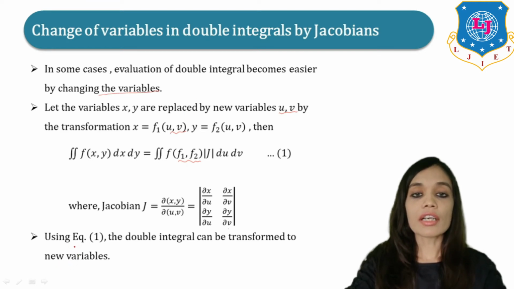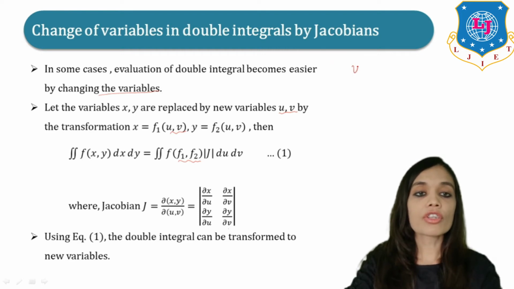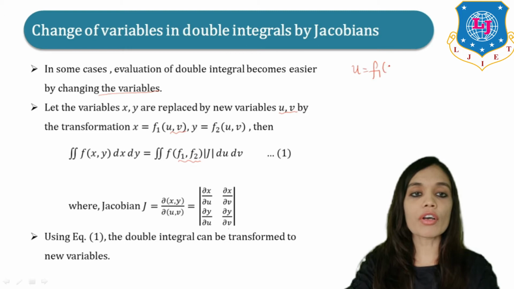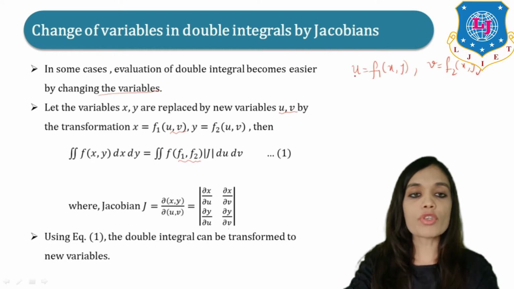Now sometimes the question is given in the form u equals f1 of x, y and v equals f2 of x, y. Suppose our question is in this form, then firstly we have to find our J dash, that will be equal to del of u, v upon del of x, y.